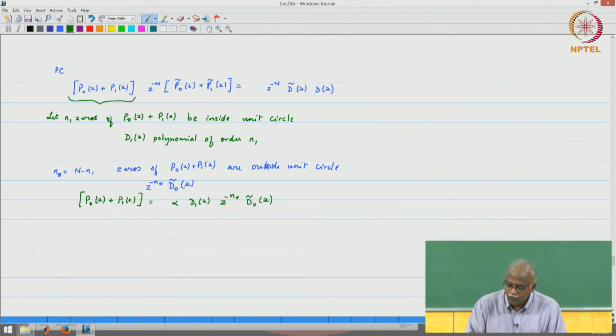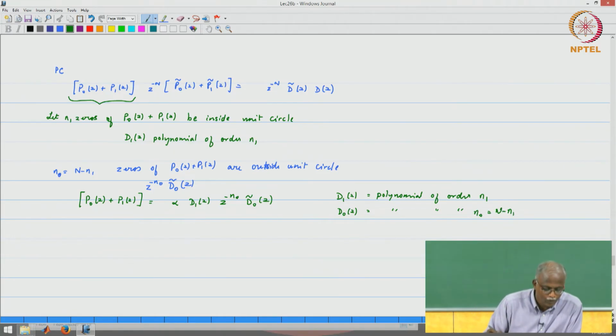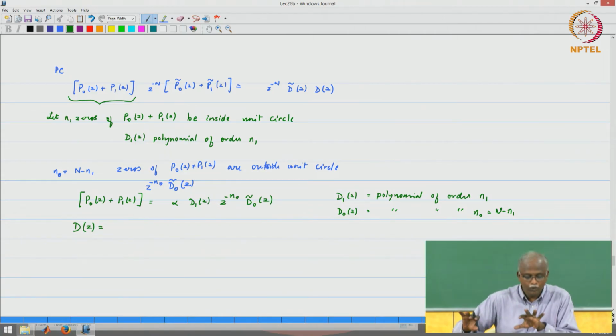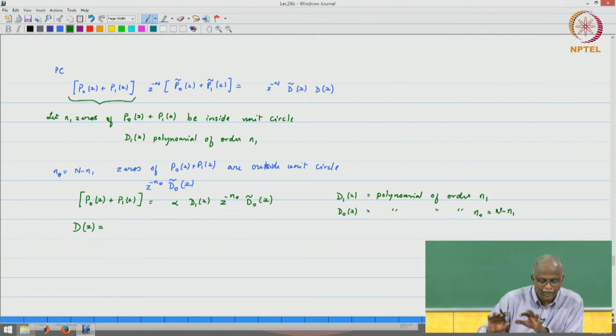So d1 of z is a polynomial of order n1, d0 is a polynomial of order n0, which is equal to n minus n1. What we have done is we have said d of z got split into two parts, one of which we called d1, another which we called d naught.